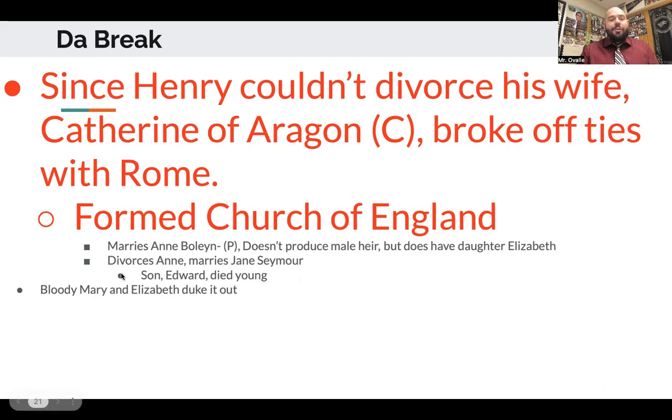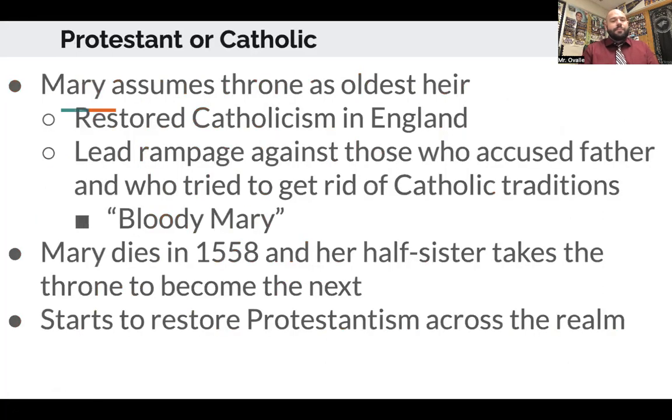So you have his firstborn daughter Mary, from his first marriage, and his second marriage daughter Elizabeth. So Mary assumes the throne as the oldest heir. She will restore Catholicism back in England. By the way, this is a time period called the Protestant Reformation going on in England at the time. Martin Luther, the English Reformation, stuff like that.